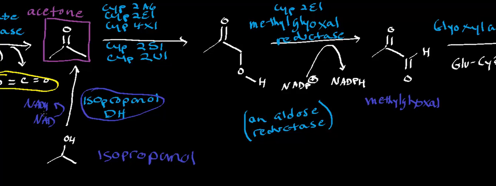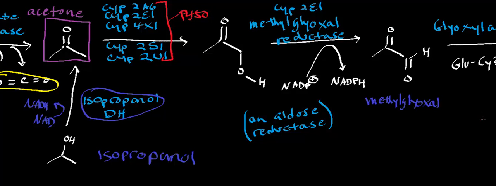Well, it turns out that acetone begins its catabolic pathway by being metabolized by a variety of cytochrome P450 enzymes. Okay, so these enzymes that are shown right here, let me do this in red. These enzymes right here, these are all cytochrome P450 enzymes. And of course, they have the typical catalytic cycle for P450s.